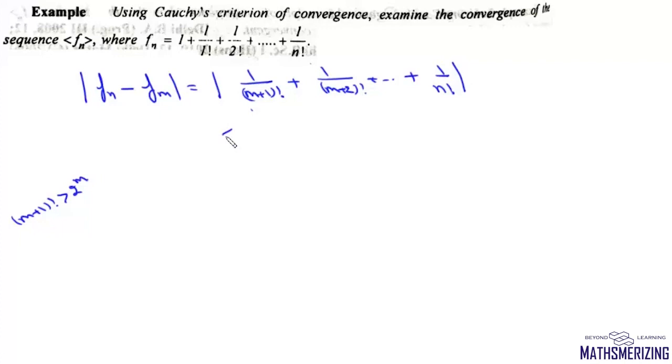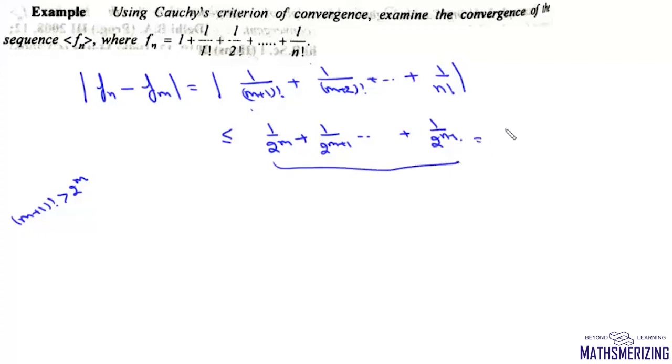So it will be less than or equal to 1/2^m + 1/2^(m+1) up to 1/2^(n-1). Now this is nothing but a GP.